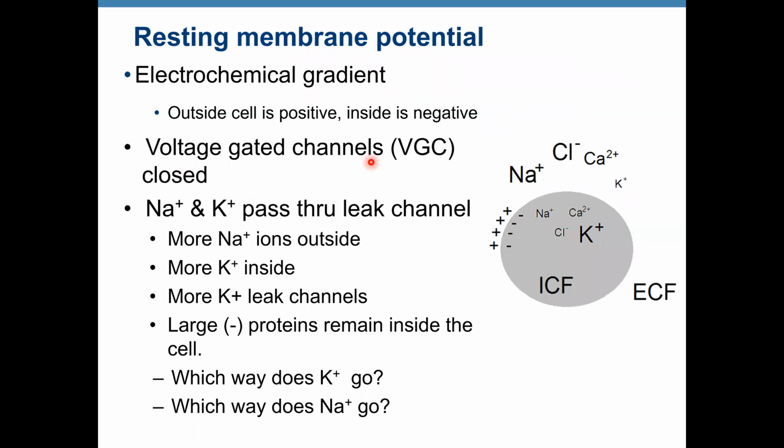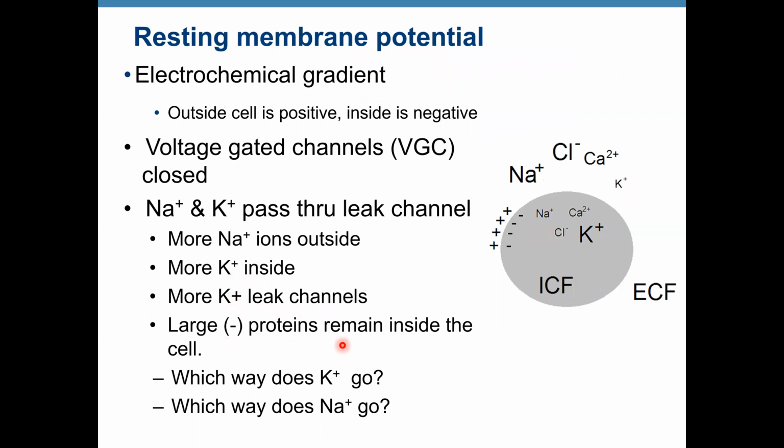Now, voltage gated channels, they all are closed, but we do have leak channels. So sodium and potassium start leaking. Your pump is working hard separating sodium out, potassium in, but because of these leak channels, sodium starts moving in, potassium starts moving out, but more potassium moves out, because there are more potassium leak channels.